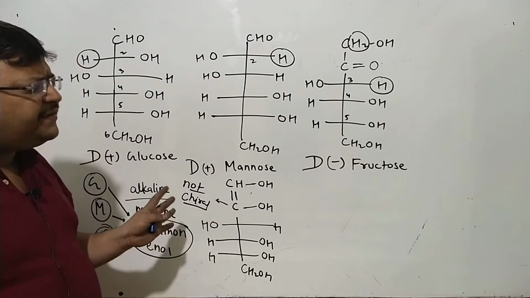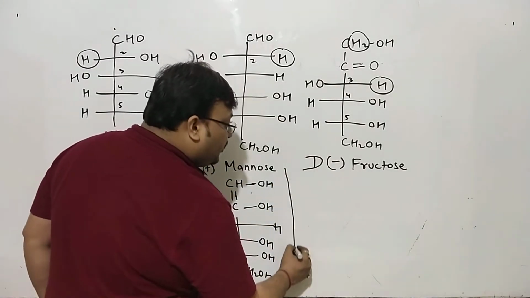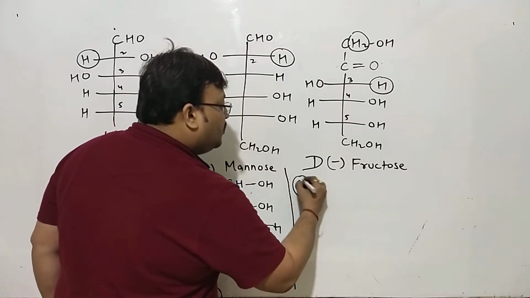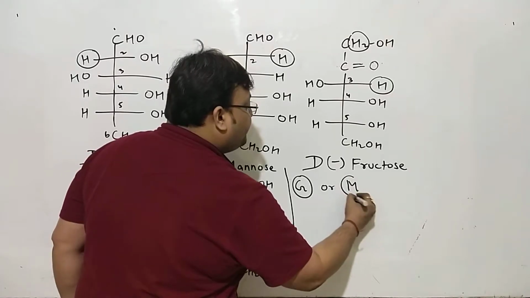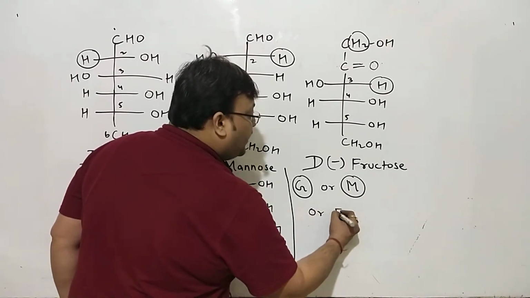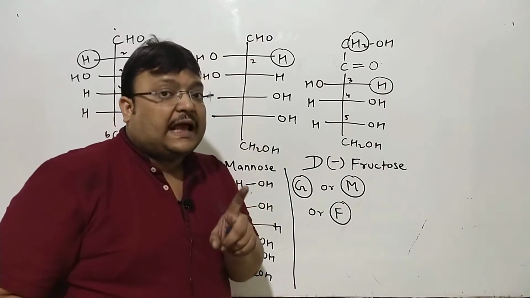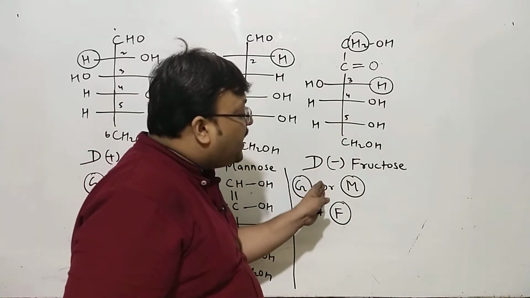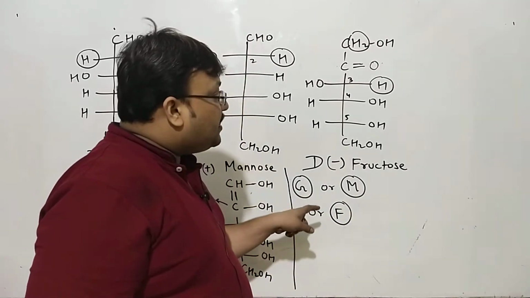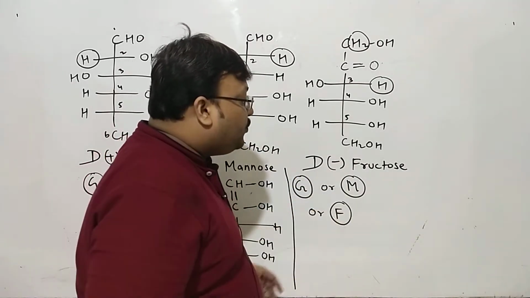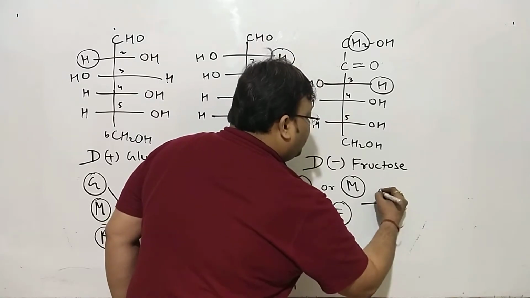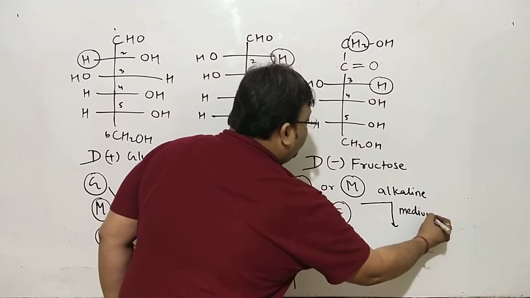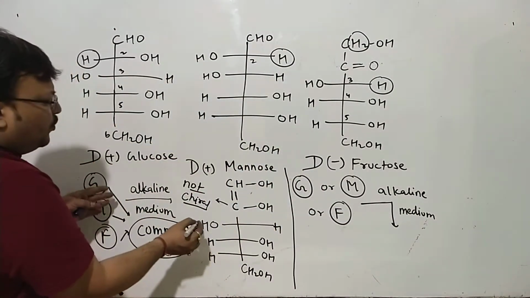So essentially what happens in alkaline medium is, whether it's glucose or mannose or fructose, and you'll want to follow my language very particularly, in alkaline medium, because of the common enol, you know what I mean by the common enol?